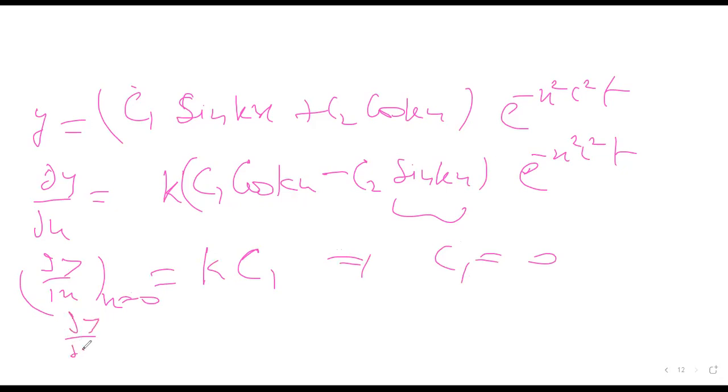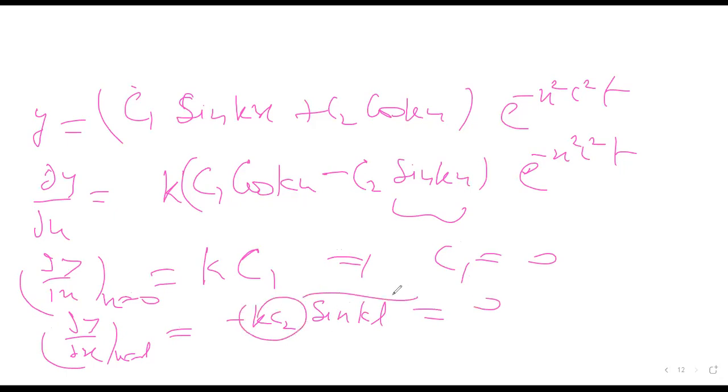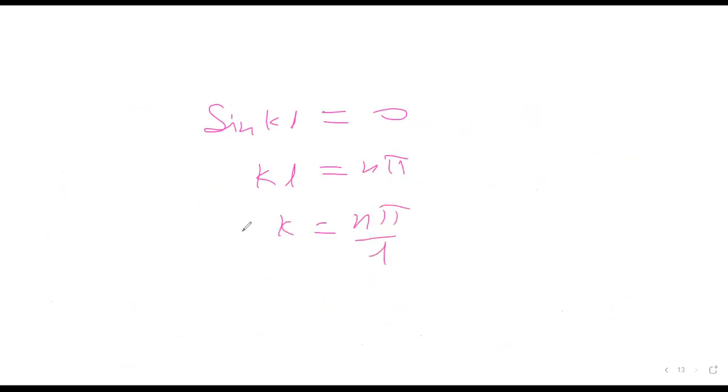Similarly, del y by del x at x equal to l, c1 was already 0, you will get minus k c2 into sine kl equal to 0. c2 cannot be equal to 0 because that will lead to the trivial solution. So the only choice is sine kl equal to 0, which gives kl equal to n pi, which means k is equal to n pi by l.